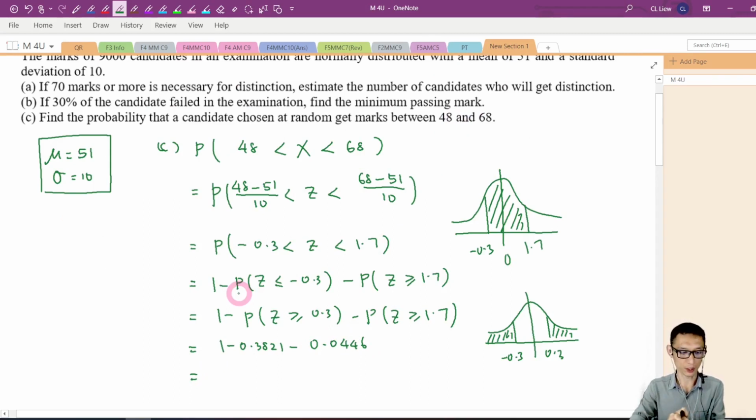Okay, 1 minus 0.3821 and minus 0.0446. Our answer will be 0.5733. Okay, this is the way we solve this type of question.